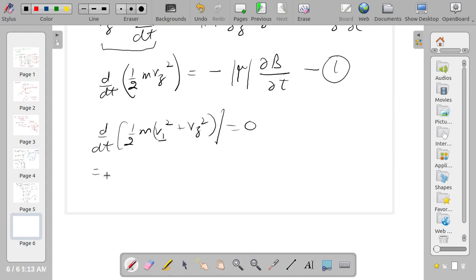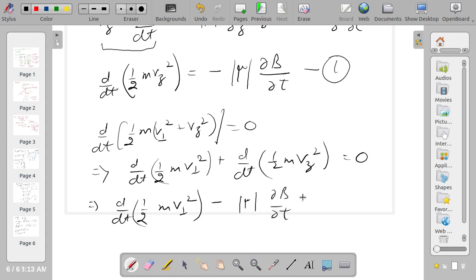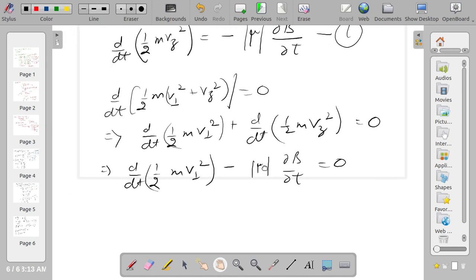This we have studied earlier, which implies that d/dt of half m v perpendicular square plus d/dt of half m v_z square is equal to 0, and the value of it, from the above first equation, minus mu ∂B/∂t is equal to 0.